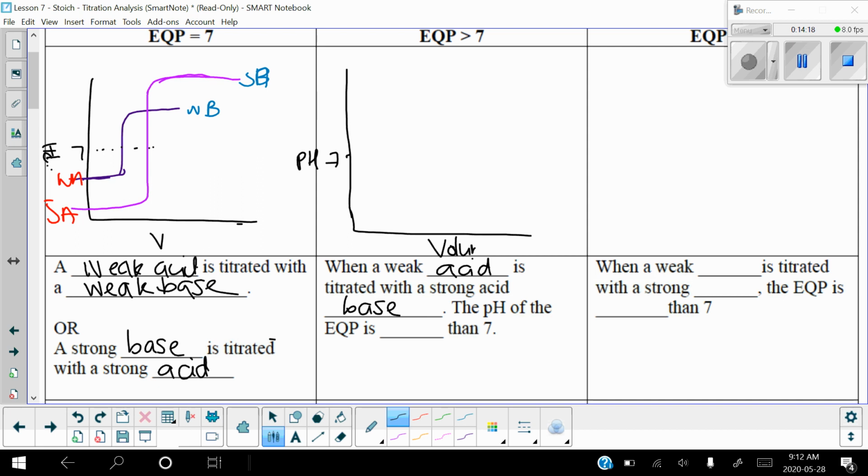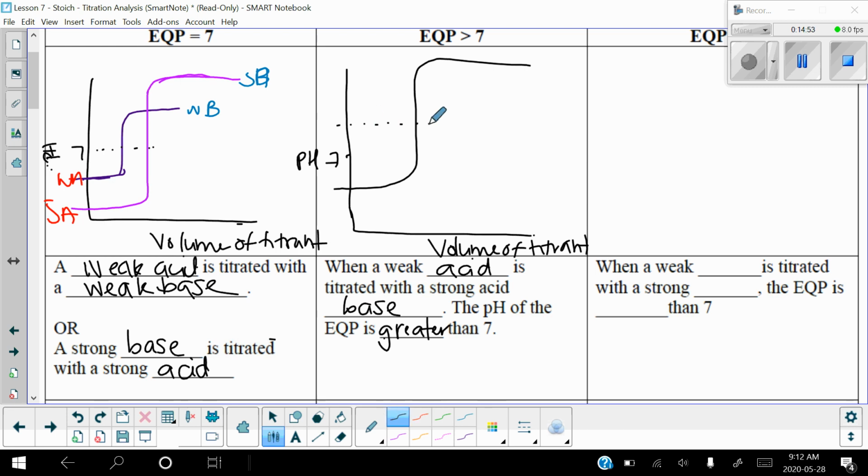Okay, and here we're going to have our volume of titrant. Okay, so now this is when the equivalency point is greater than 7. So we're going to start off with a weak acid, and then it's going to pull the curve up to a strong base, and then you're going to notice that your equivalence point is greater than 7.